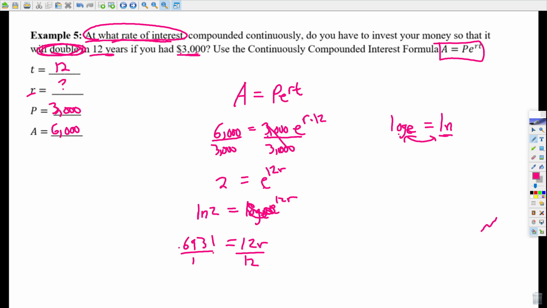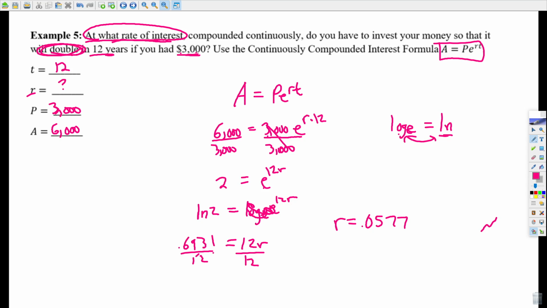And we would get 0.0577. That's good enough, right? That's 4 decimal places.